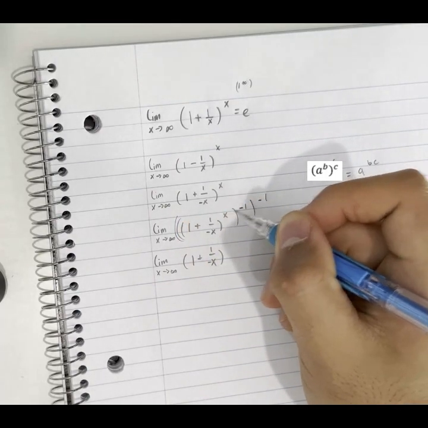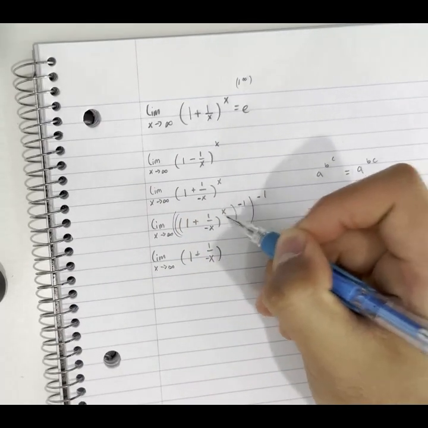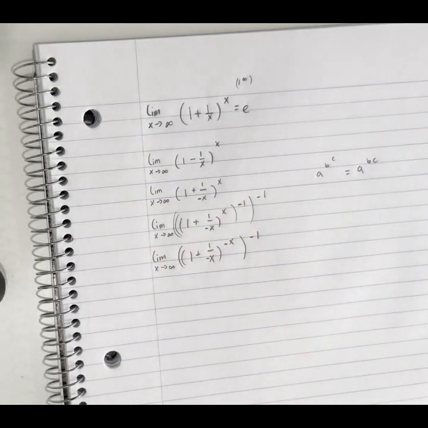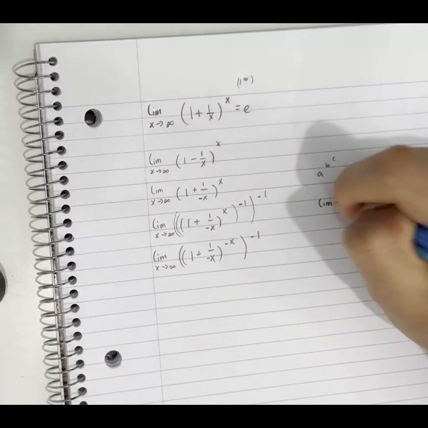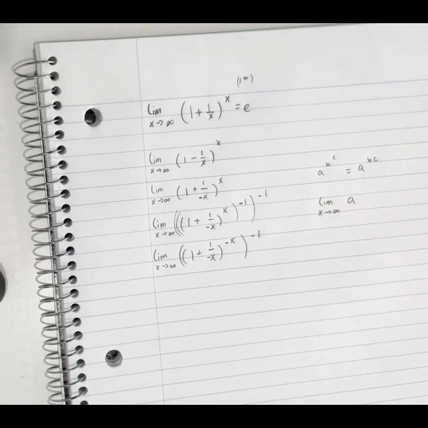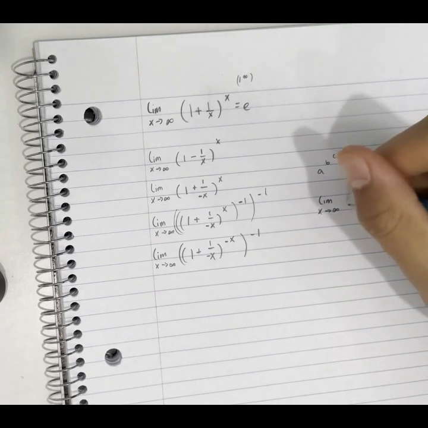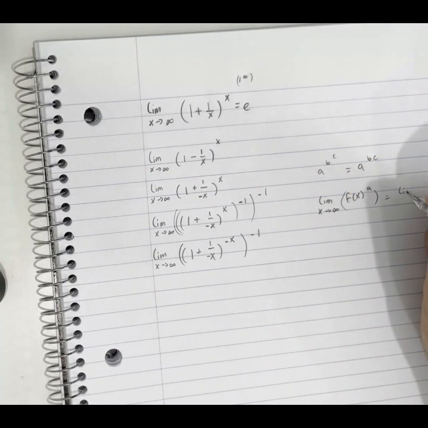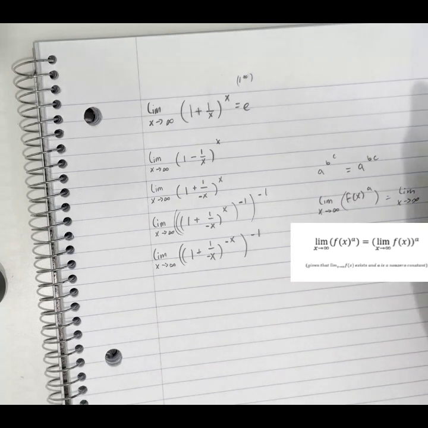So I'll take that 1 and use this property and move it into here. Now that's negative 1. And by the properties of limits, if you have the limit as x approaches infinity, or from the right or the left, negative infinity, anything, of f of x to some constant a, this is actually equal to the limit as x approaches infinity of f of x, and all of that to the a.